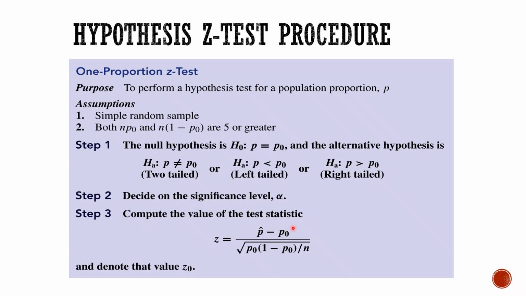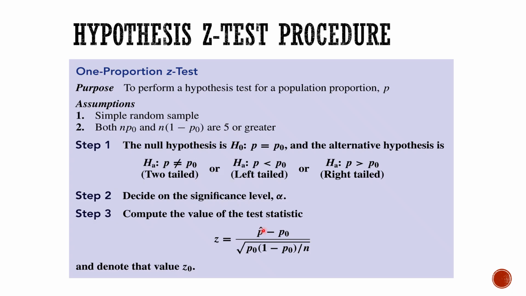calculate the test statistic which is obtained from the sample study. So compute the value of the test statistic. It's going to be a z value because we are using the z distribution, and the formula for it is p hat. So here is the first time we see the sample proportion getting used. So p hat, which is going to be obtained from a sample study, minus p sub 0.